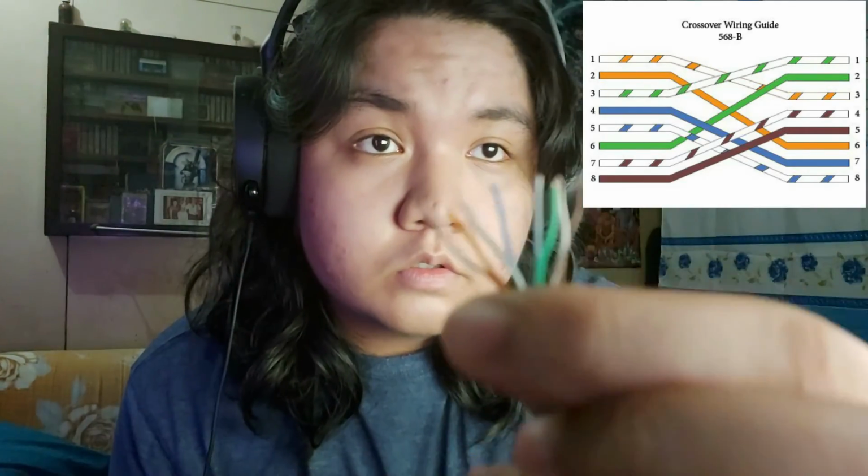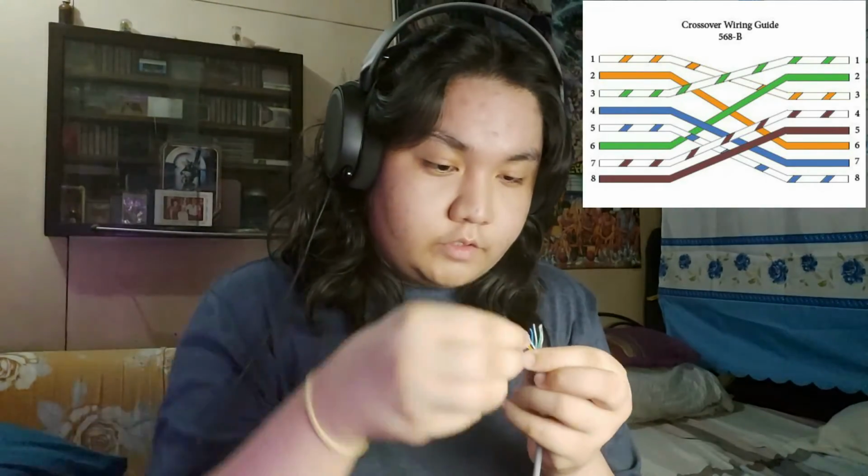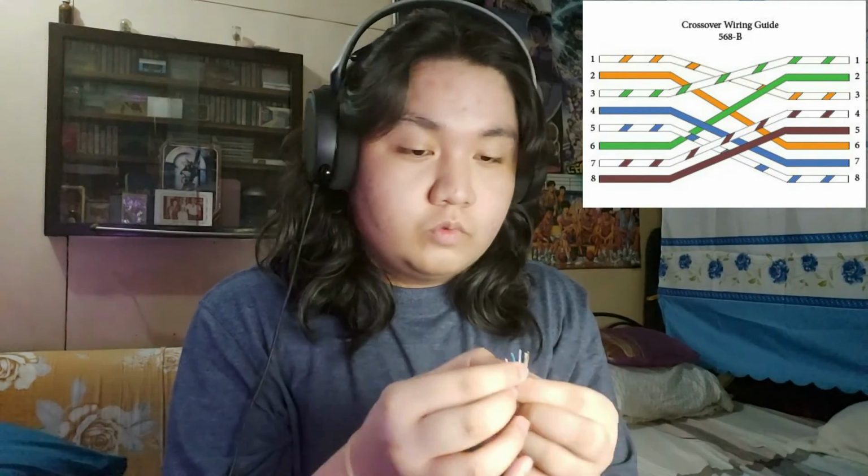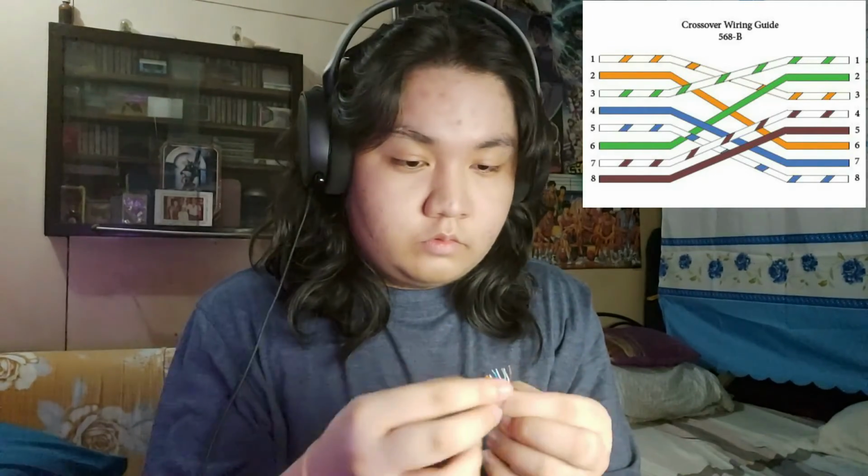So this is our color pattern for the first end. Let's check it again: white orange, orange, white green, blue, white blue, green, white brown, brown.